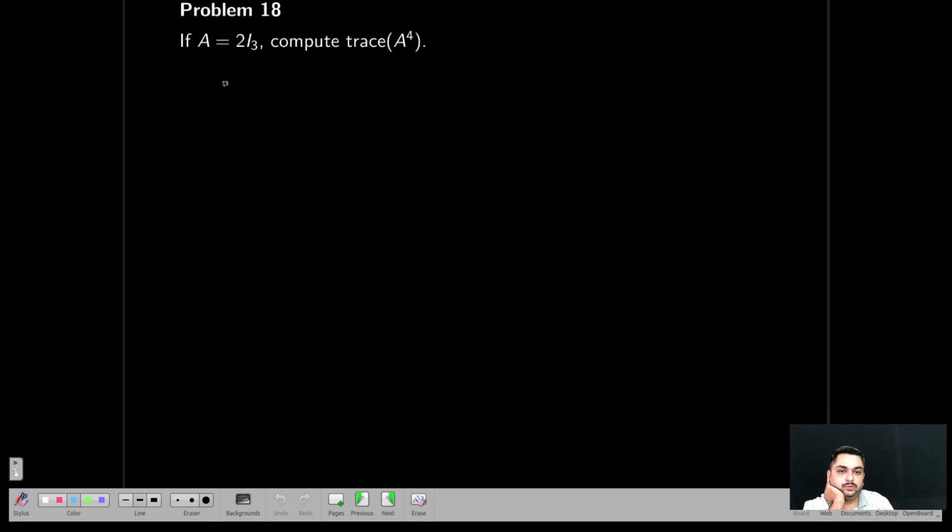If A equal to 2 into I3, that is 3 cross 3 identity matrix, compute trace of A power 4. So we already know this property. A power k is equal to 2 power k into I3, and I remains same.